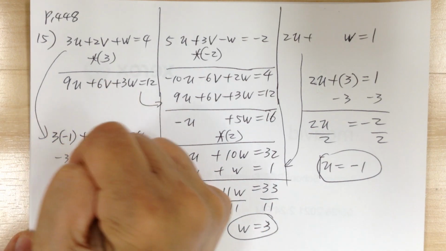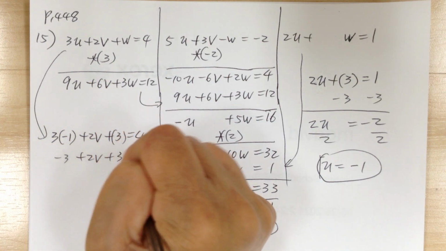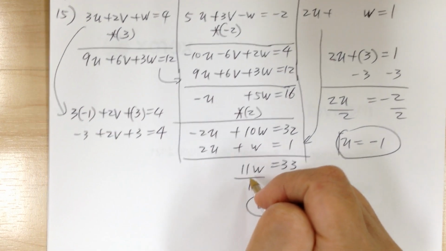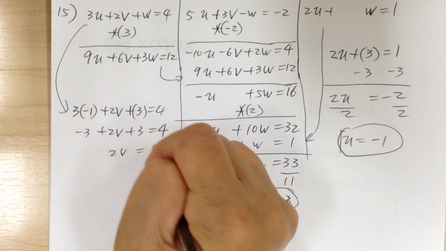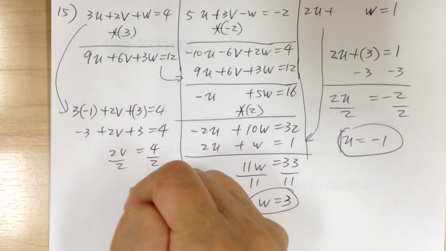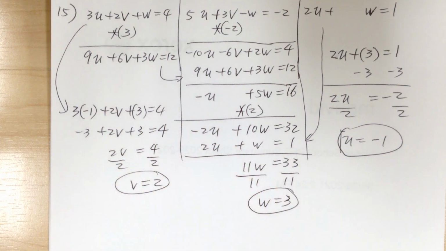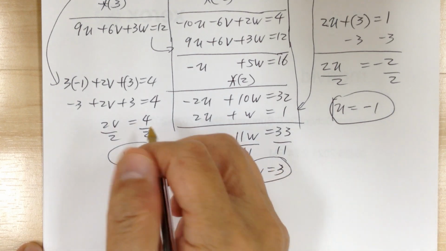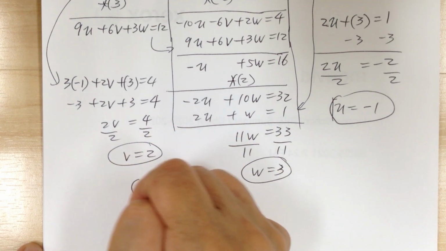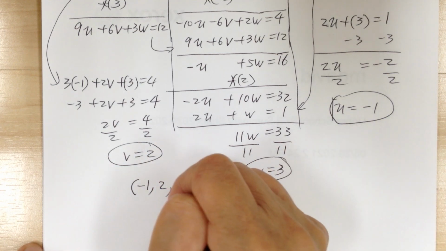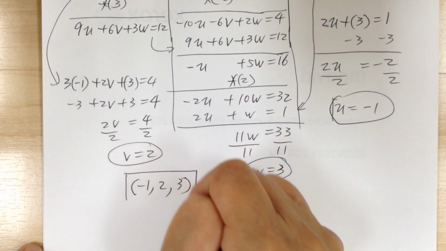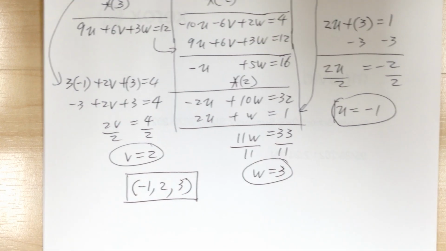So negative 3 plus 2v plus 3 equal to 4. This cancels out, so you got 2v equal to 4. Divide by 2, so v equal to 2. And if you write the ordered triple, you're going to get negative 1, 2, 3. That's the u, the v, and the w. And that's it for this one.